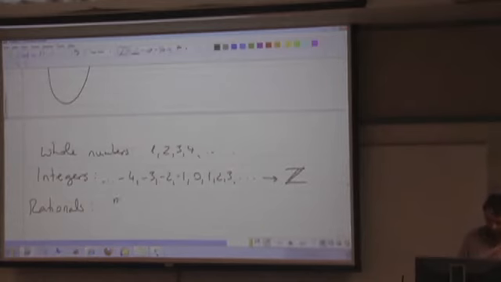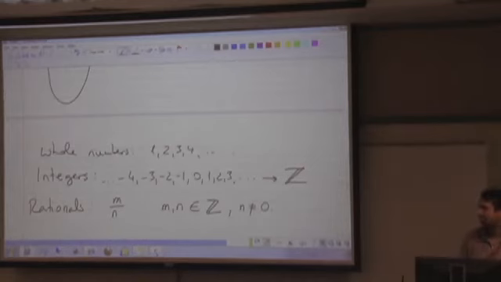So anything of the form m over n, where m and n are elements of the integer set, which means both m and n are integers. And obviously n can't be 0 since you can't divide by 0. Does that make sense?